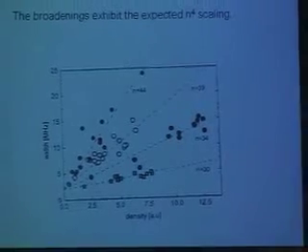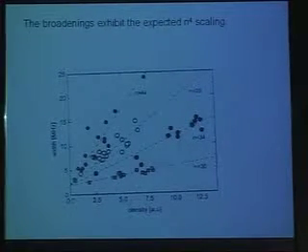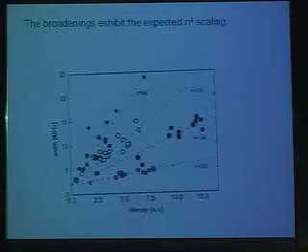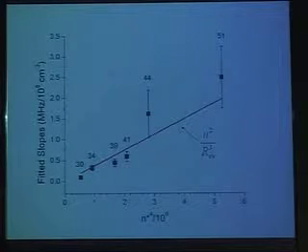The dotted lines are what you expect for the dipole-dipole broadening, that is to say something that goes up as n to the fourth. This is a comparison of what we saw for the broadening rates with what you compute from basically the square of the dipole moments divided by the cube of the spacing between the atoms.